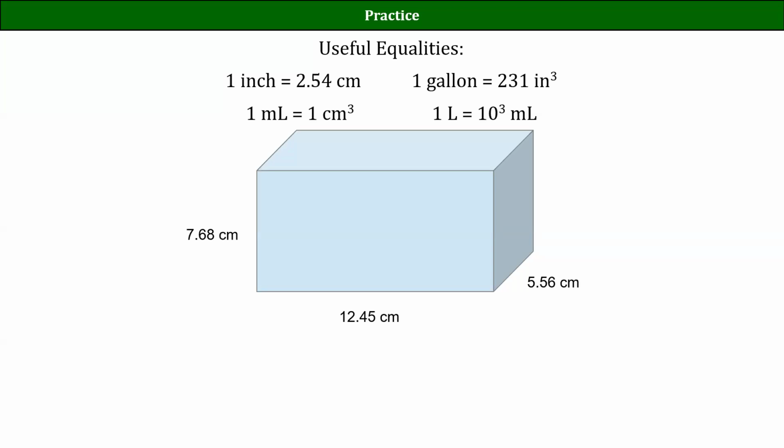All right, so let's do another practice. We start in cubic centimeters. 7.68 centimeters by 12.45 centimeters times 5.56 centimeters. Finding the volume in cubic centimeters is easy, right? Length times width times height.